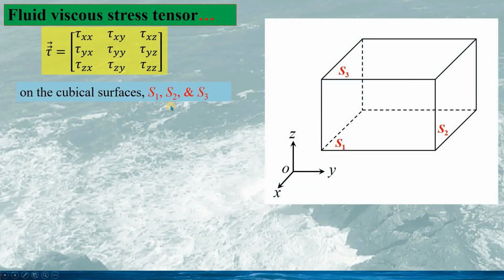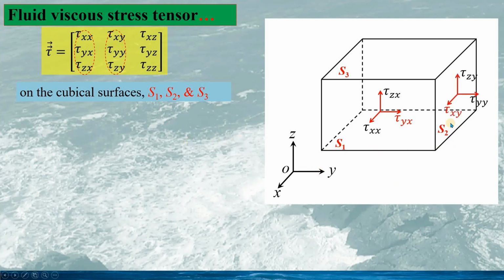Now on the cubic surfaces S1, S2, and S3, we can draw the components like this. On S1, we have the components tau xx, tau yx, and tau zx, so 3 components in 3 directions along the x-axis, y-axis, and z-axis respectively.